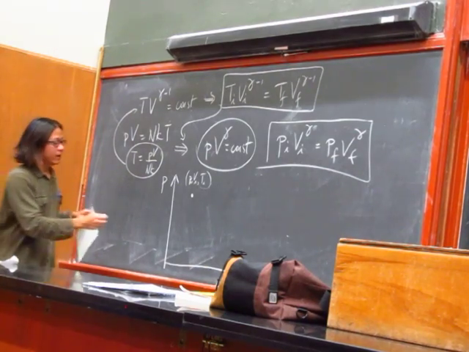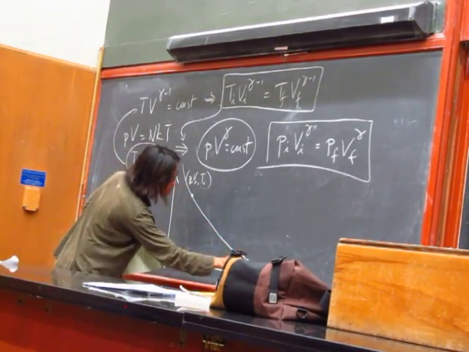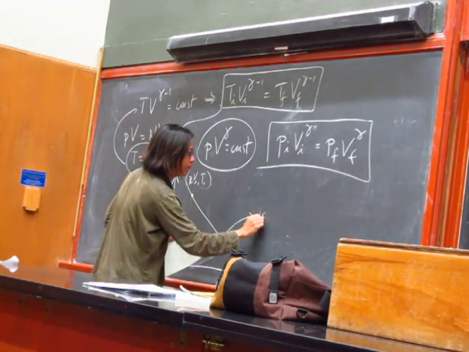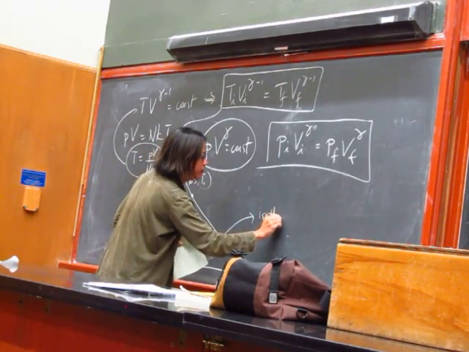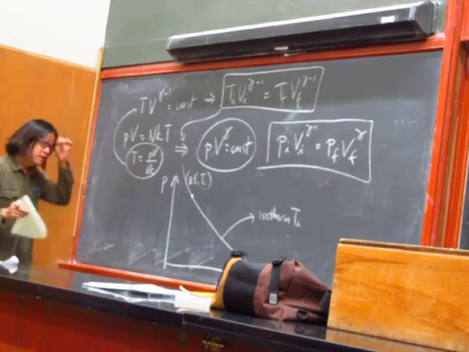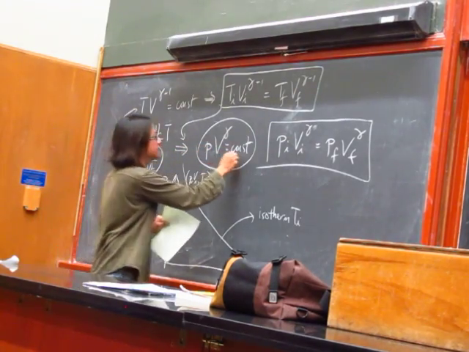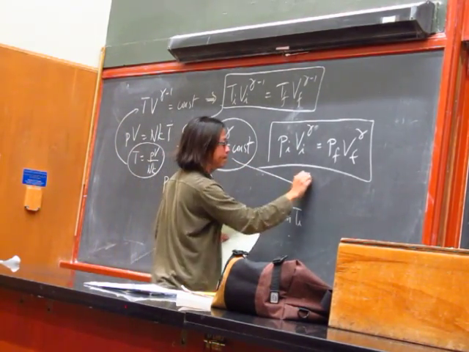And it goes to some final state. So this is an isotherm for it. Adiabatic expansion satisfies this equation.